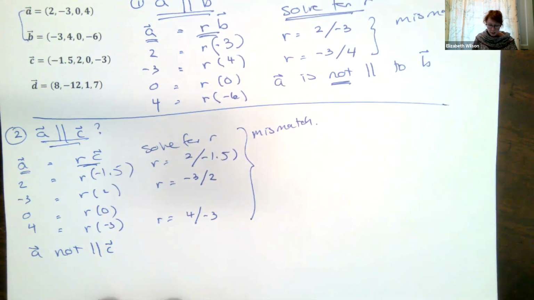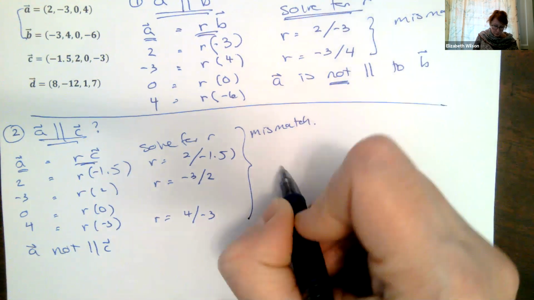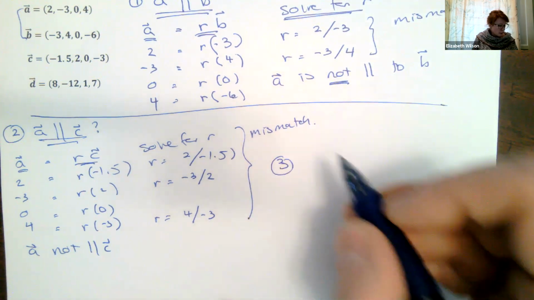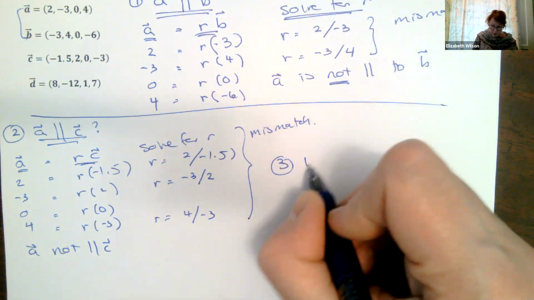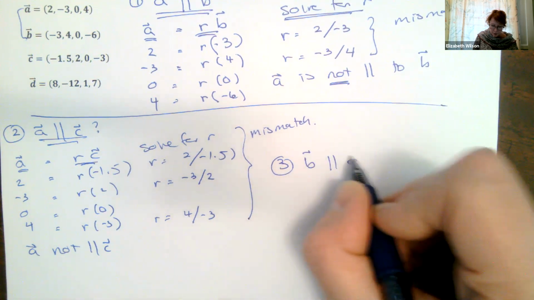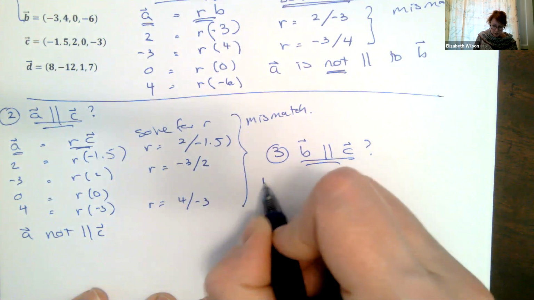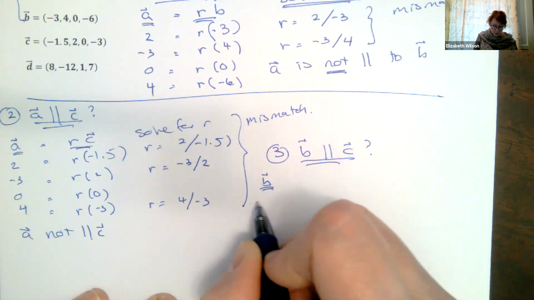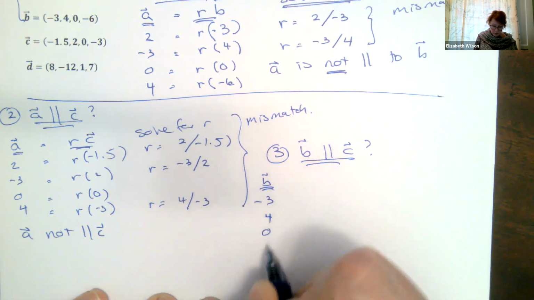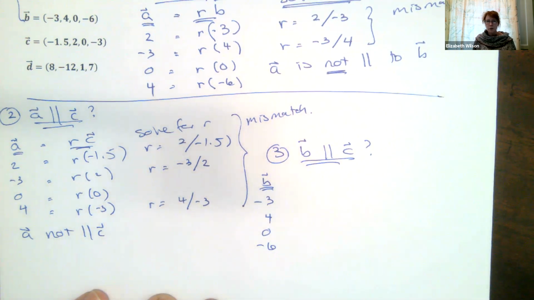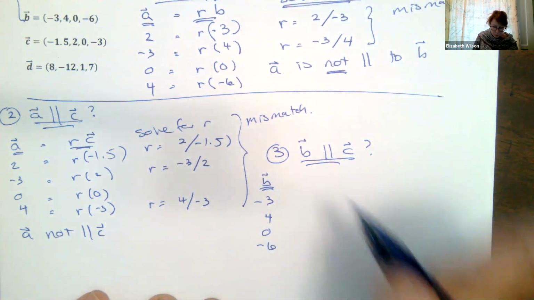I'll do one that actually is parallel so you can see. So we'll do B parallel to C, and I'll put a question mark. I'll tell you ahead of time, this one is, and you'll see why. So let's do the same process. I'm going to list the components for B: -3, 4, 0, -6. And it doesn't matter what order you go in, because you're just checking for the same scalar multiple.